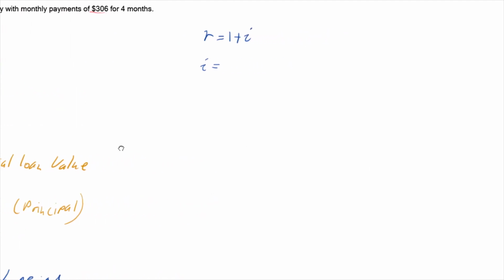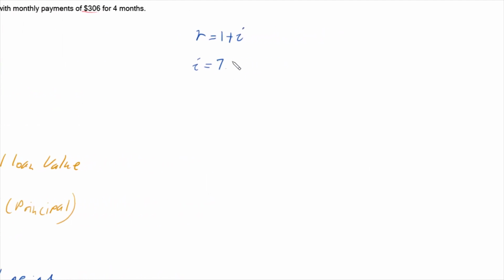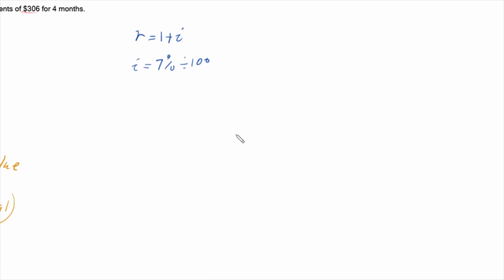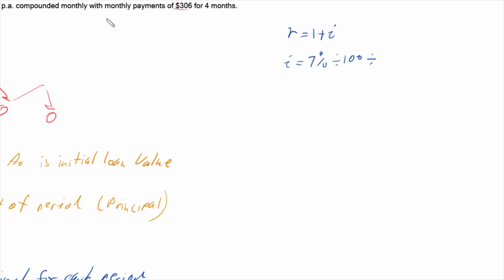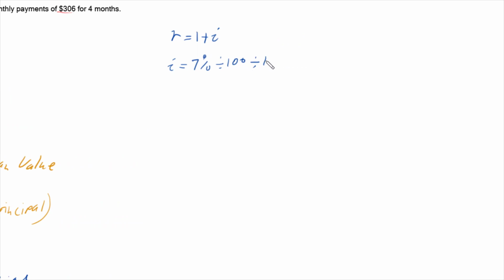So we've got 7% per annum, which we need to divide by 100 to turn into a decimal, but we also need to divide by how many times it's happening each year. And because this is happening monthly, because we're compounding monthly, we've got to divide by 12. And we're just going to write this as the fraction 7 on 1200, because it doesn't simplify down too well. So r is going to be this 1 plus 7 on 1200.